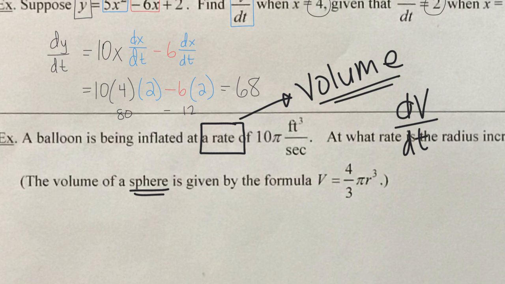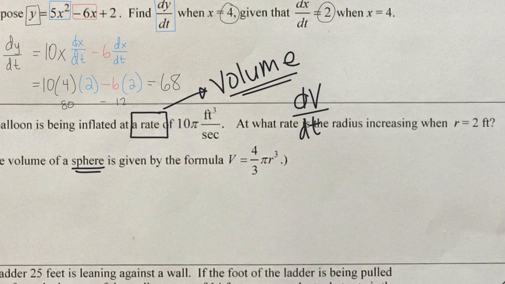So 10 pi is the rate of change of our volume. And the question says, at what rate is the radius changing? So how do we write the rate of change of radius? That's dr dt. That's our derivative of radius when the radius is 2 feet.